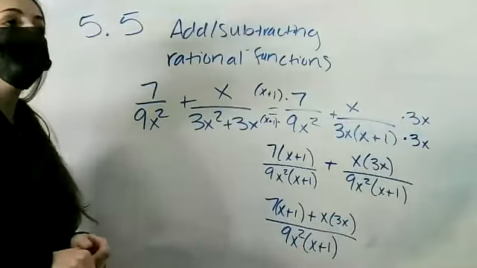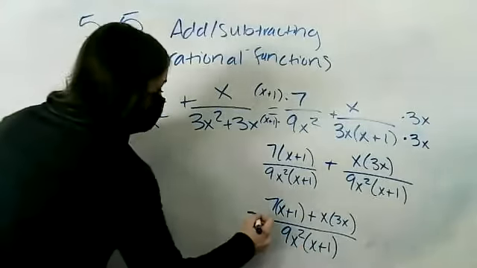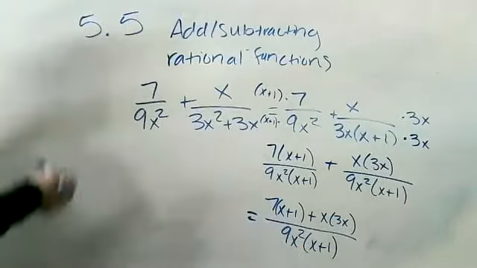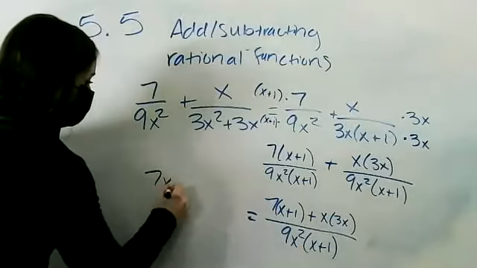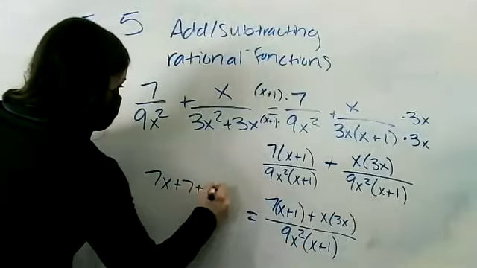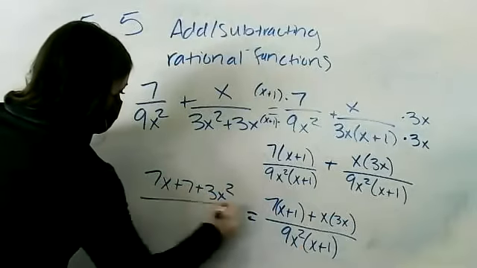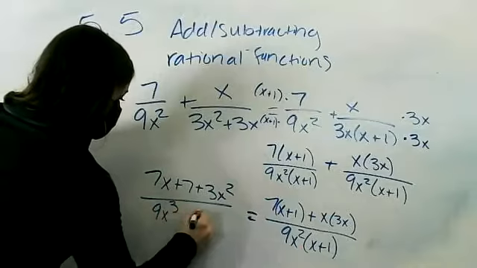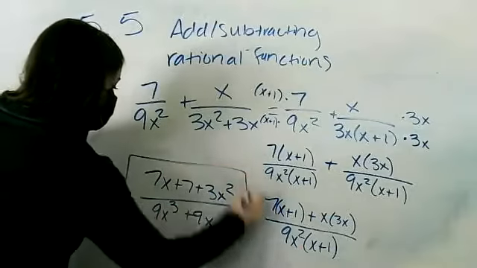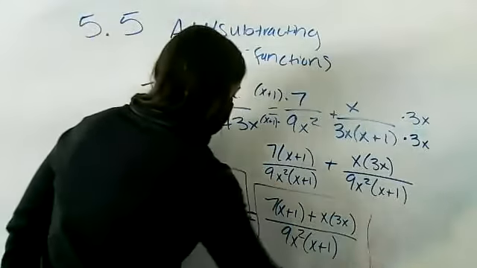So you can do one of two things. This answer is gonna be okay with me, because I can still see your work and I'm fine with that. You could distribute this back out and say that this is what you would get. So this answer or this answer is okay.